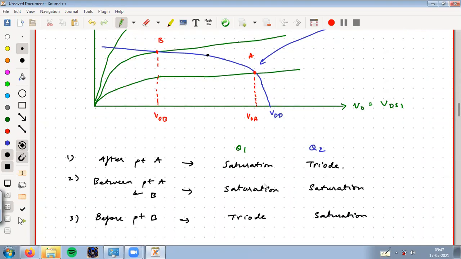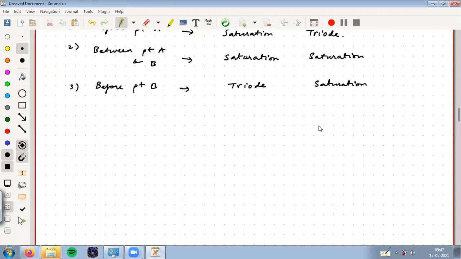Now I've designated point B on the y-axis as VOB and point A as VOA. Both these points, VOB and VOA, are the turning points where your MOSFETs, Q1 or Q2, will start transiting from triode region to saturation region.